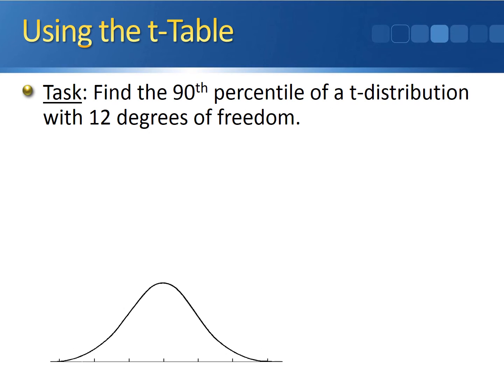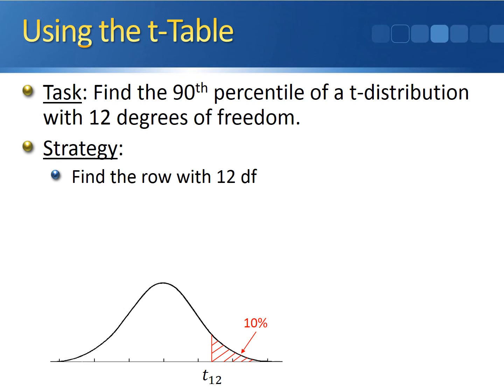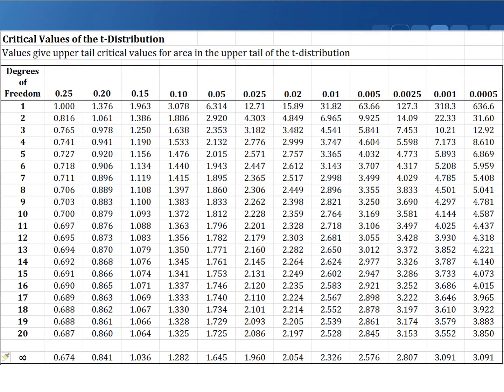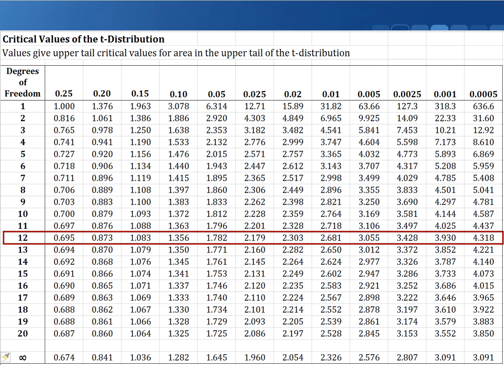Now suppose we wanted to find the 90th percentile of a t-distribution with 12 degrees of freedom. What we would do to accomplish this is find the row with 12 degrees of freedom, find the column with 10% of the area in the upper tail, and intersect that row with that column. Here's the row with 12 degrees of freedom, and here's the column with 10% of the area in the upper tail.